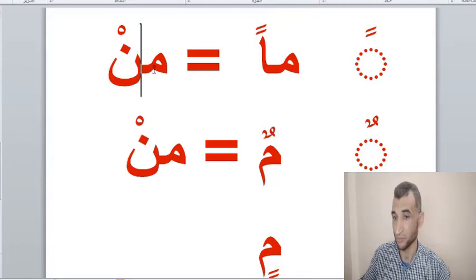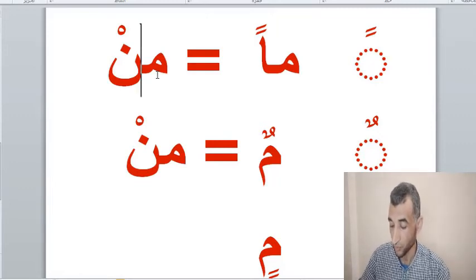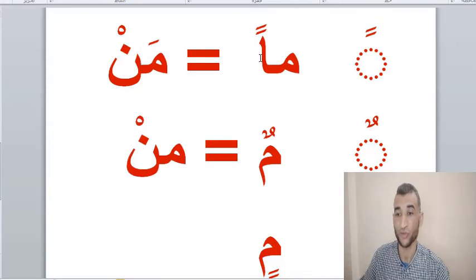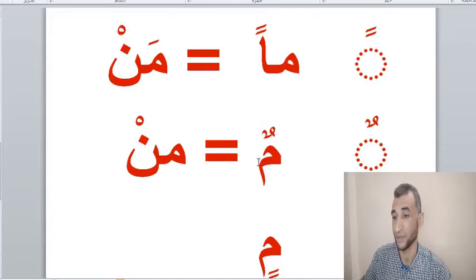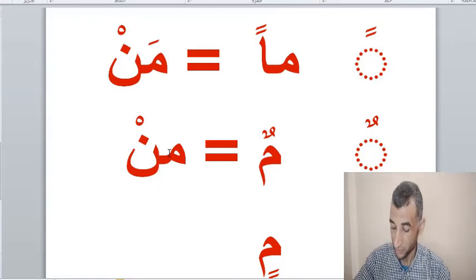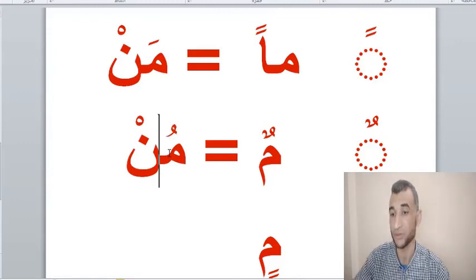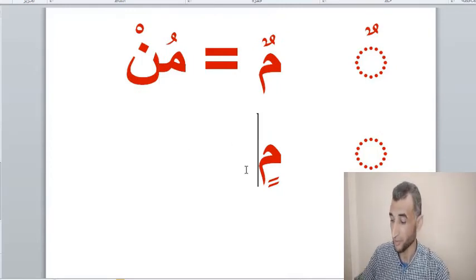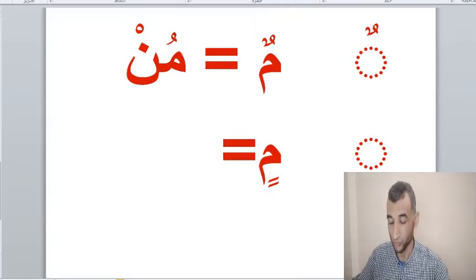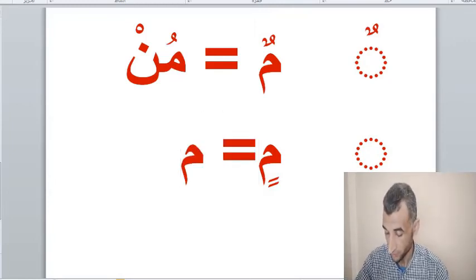But let me put here the short vowel of fatha. So this is pronounced man, the same pronunciation as this word. And this letter is pronounced as mun, like the pronunciation of this letter. Let me put the short vowel of dhamma here, mun. And the pronunciation of this letter is min, the same as this word, min.